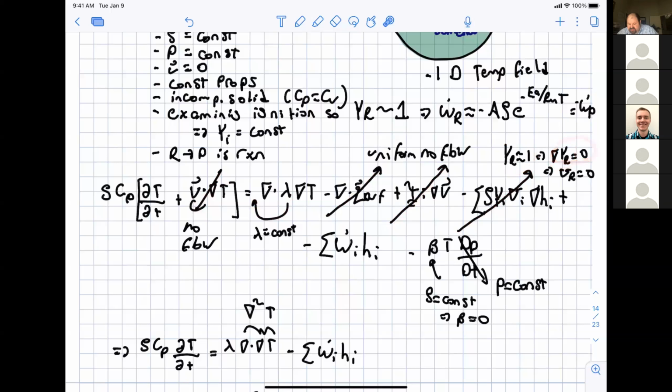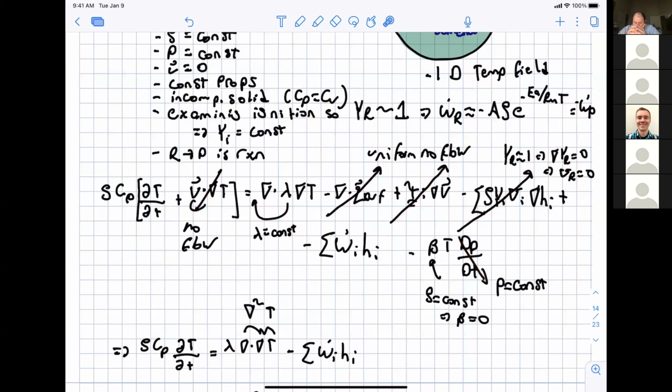And if the gradient of the mass fraction is 0, that means the diffusion velocity is exactly 0. And so this term here goes away too. We need to retain this chemical heating term, and we are assuming constant pressure, and so this pressure term here goes to 0.